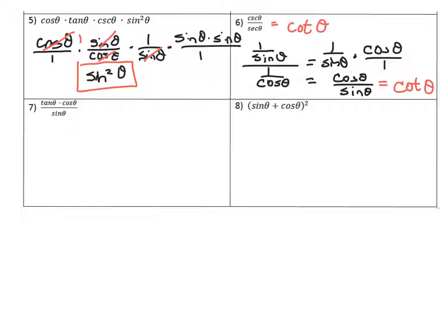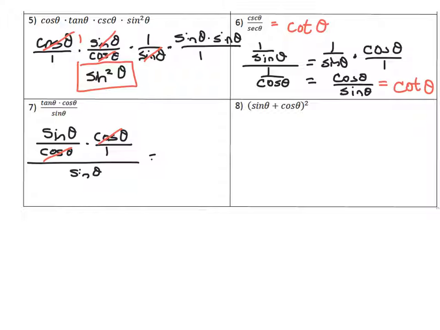Let's go ahead to number 7 where I've got multiplication and division. So tangent is going to be sine theta divided by cosine of theta. But I'm multiplying in the numerator by cosine over 1. And then eventually I'll divide by sine of theta. So first of all, I see that I can cancel off my cosines.